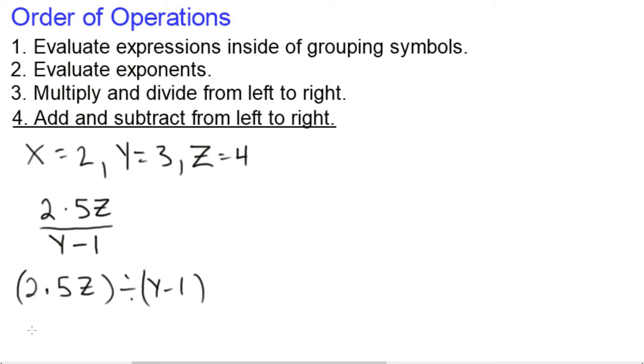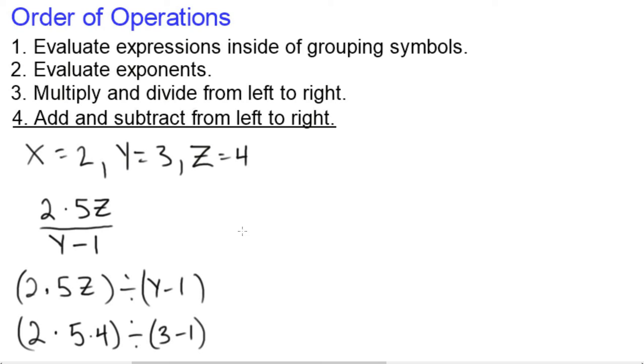And so we substitute, that is, we replace the variables with the given numbers. So I have 2 times 5 times 4, z is 4, divided by y is 3, so that's 3 minus 1. Now, I have quantities inside of the parentheses. In the first one you see I have 2 times 5 times 4.